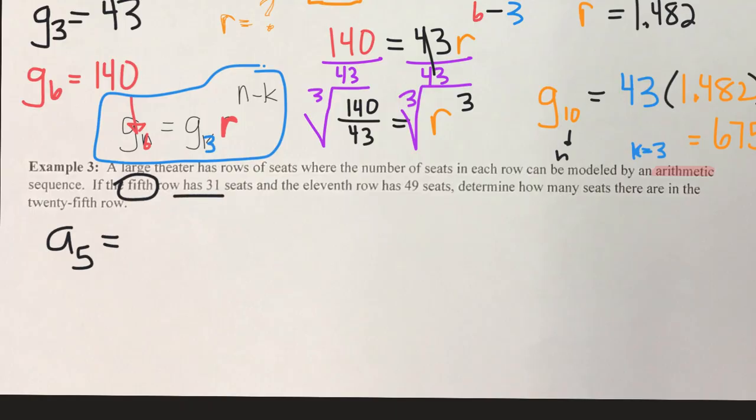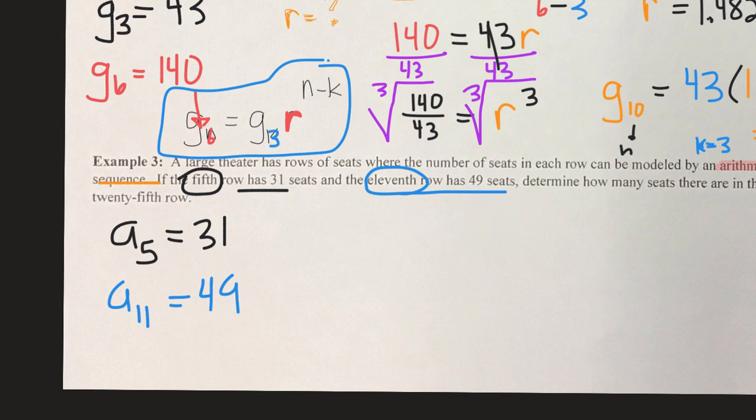A because it's arithmetic. Our 11th row has 49 seats. So A sub 11 equals 49. Determine how many seats there are in the 25th row. So we're looking for A sub 25.